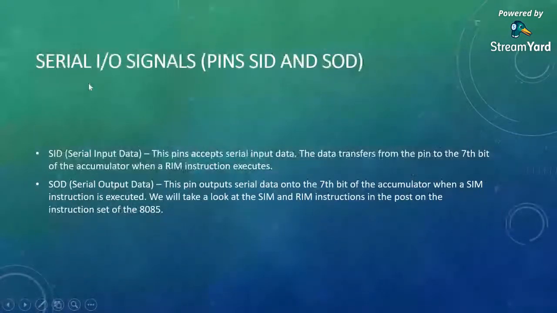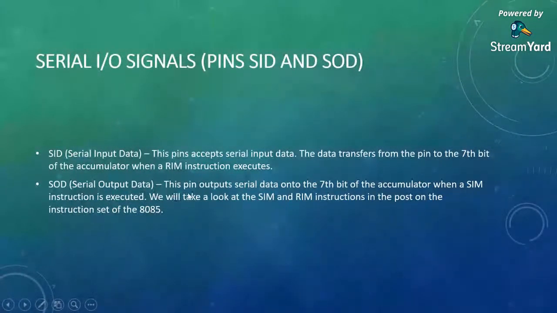This is the input output signal. We have serial input data and serial output data. Of course, input is for the input, output is for the output. Serial input accepts the serial data and transfers it to the 7th bit of the accumulator when the RIM instruction is executed. The RIM instruction is used together with the serial activities.